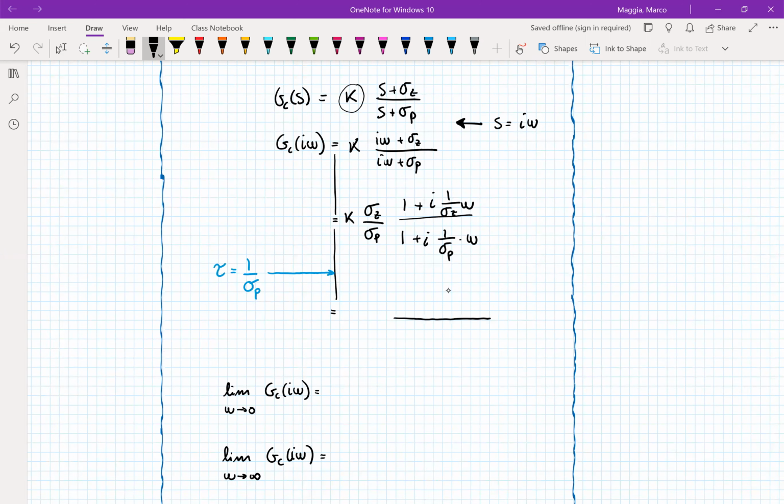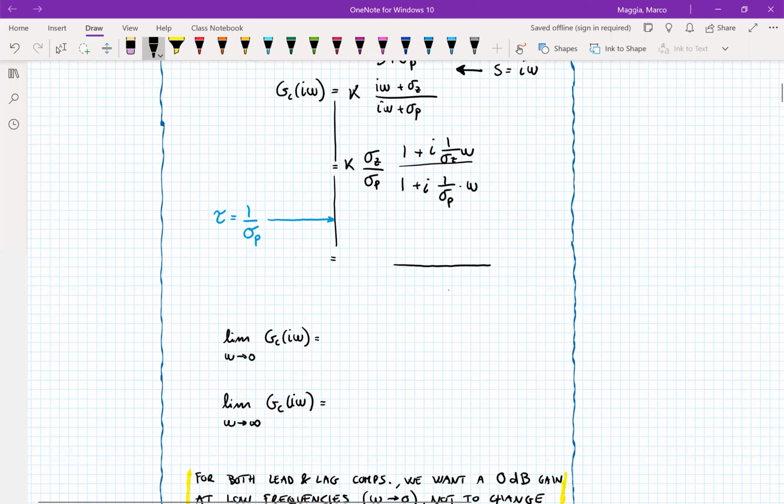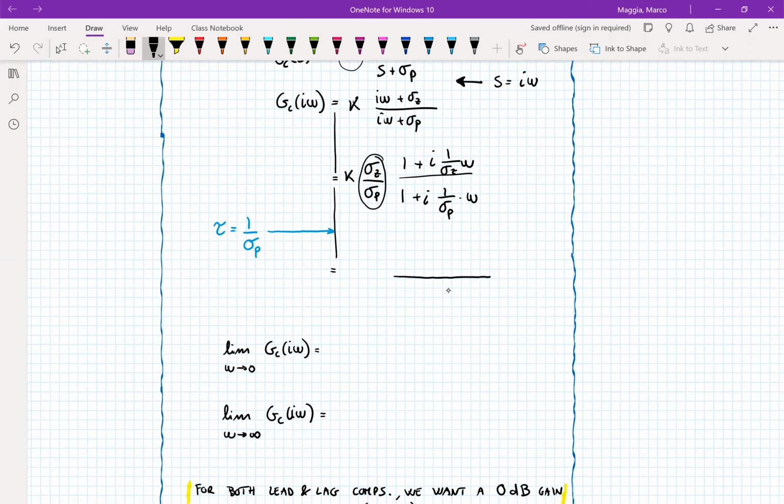What I'm doing here is just rewriting the transfer function in the canonical form for the Bode plot. Now, sigma z over sigma p is 1 over alpha, so this becomes K over alpha. And then, just to follow the notation of your textbook, I'm calling tau 1 over sigma p. That is the characteristic time of your real pole, sigma p.